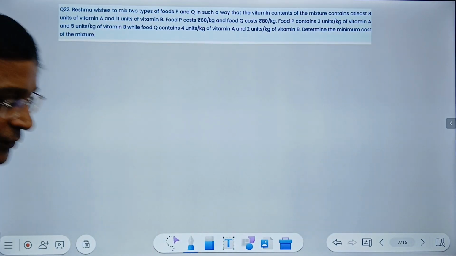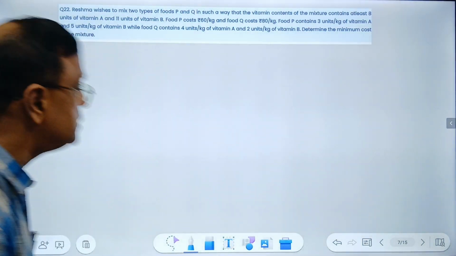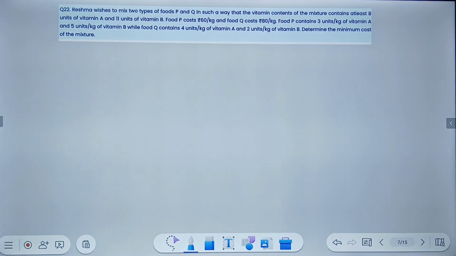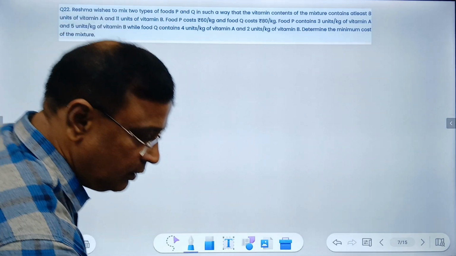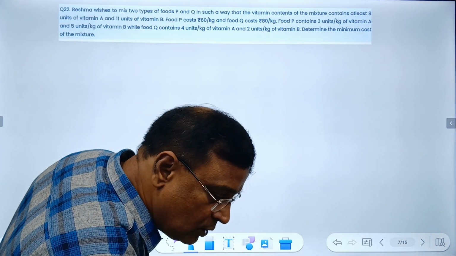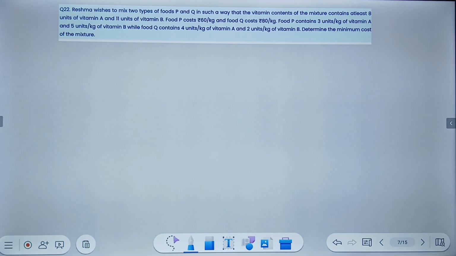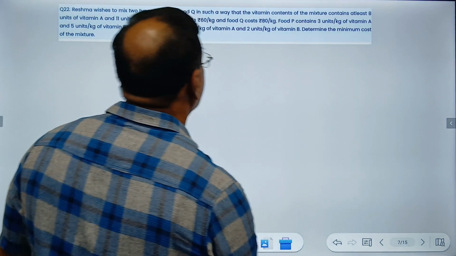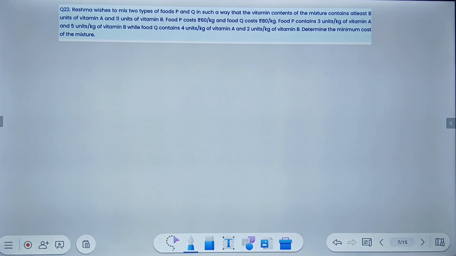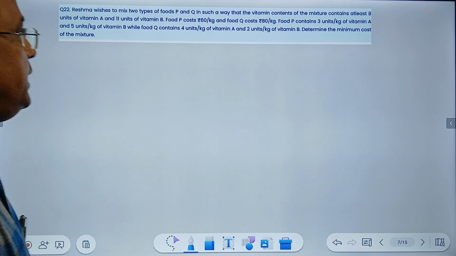Now look at this problem. The 22nd question is, Reshma wishes to mix 2 types of food, P and Q, in such a way that the vitamin content contains at least 8 units of A and 11 units of B, and food P costs rupees 60 and food Q costs rupees 80.